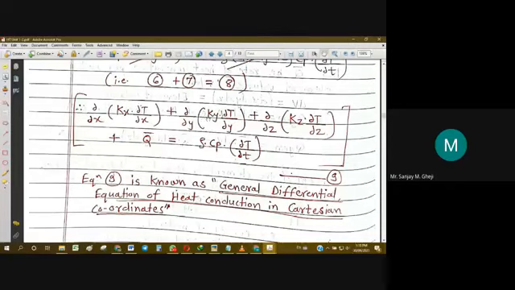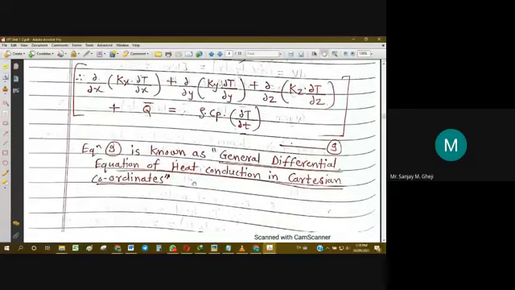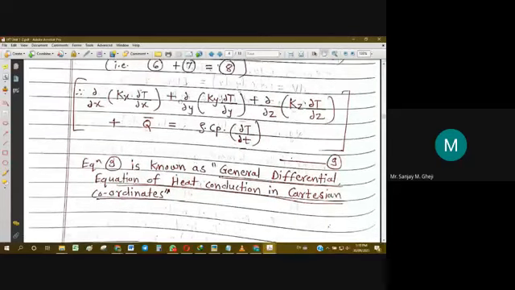Kx is different, ky different, and kz different. This equation will be useful in dealing with all types of conduction problems.